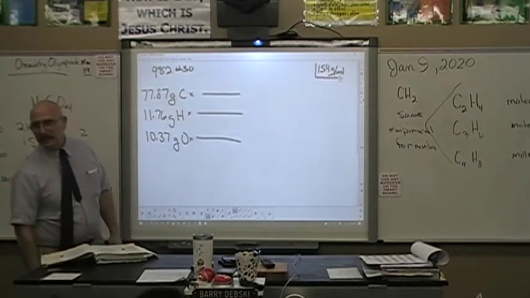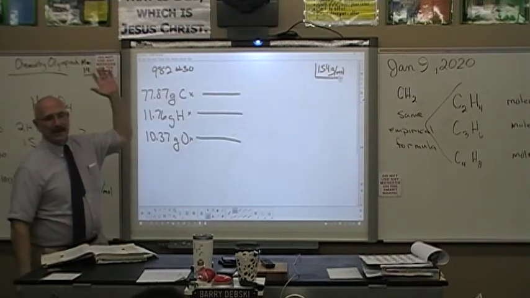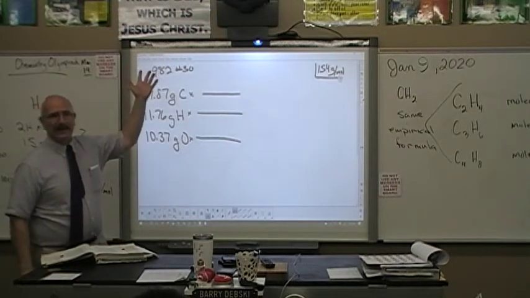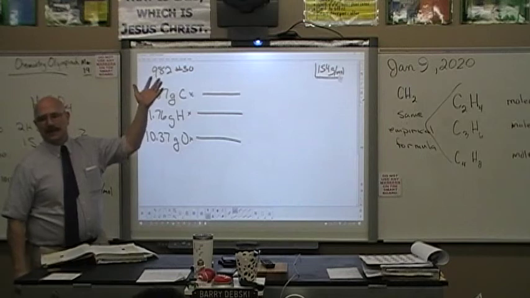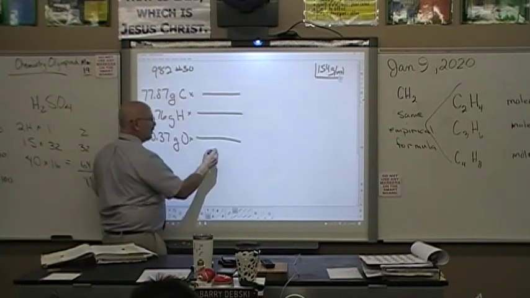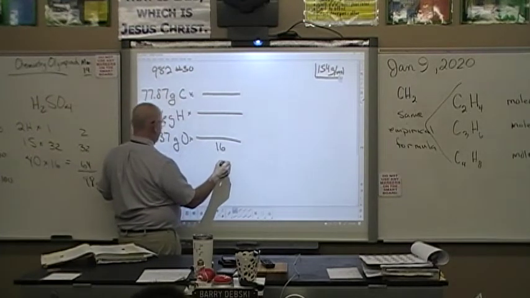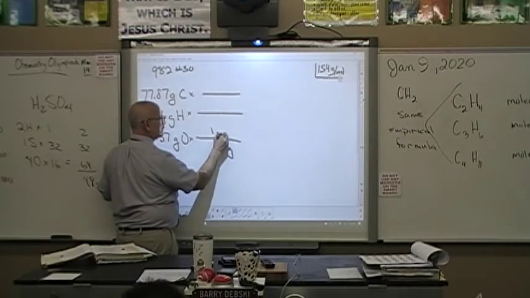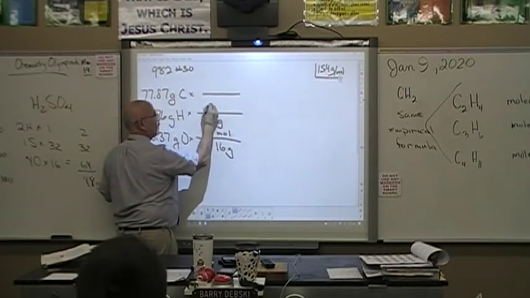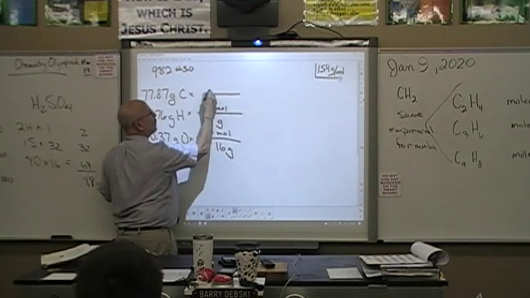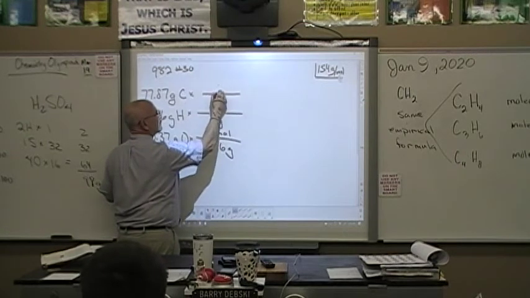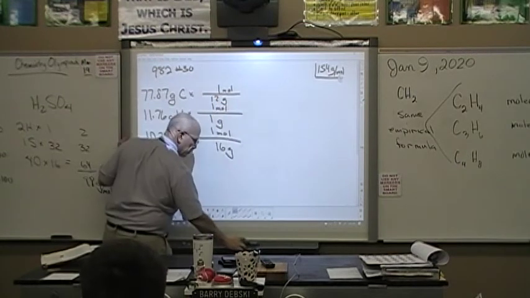Do you understand? Who's got carbon, hydrogen, oxygen masses memorized already? Carbon 12, oxygen 16, hydrogen 1, right? So these should be 16 grams per mole, 1 gram per mole, and 12 grams per mole. Make sure your units cancel out.